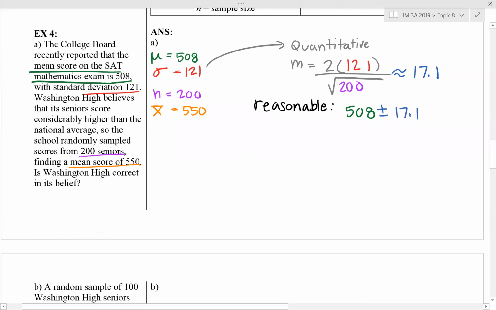So I'm going to take 508 minus 17.1, which is 490.9, and then 508 plus 17.1, which is 525.1.